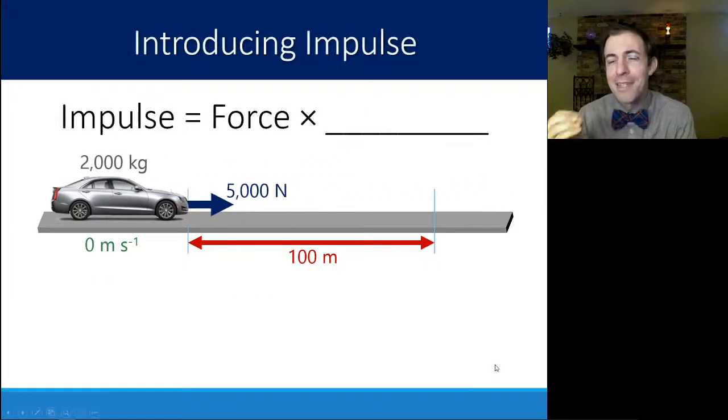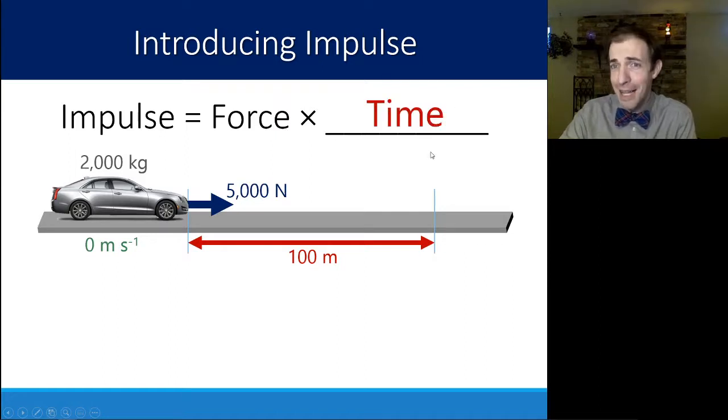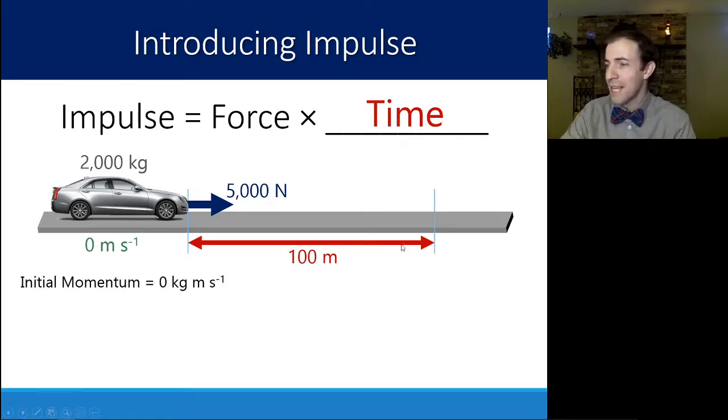Impulse has a very similar feel. Impulse is our way of adding momentum to an object. Impulse is calculated instead of force times distance, it is force times time. A very, very similar calculation, but that slight important change. So now, if I look at this example, my initial momentum is 0 kilograms times meters per second because it is not moving yet.